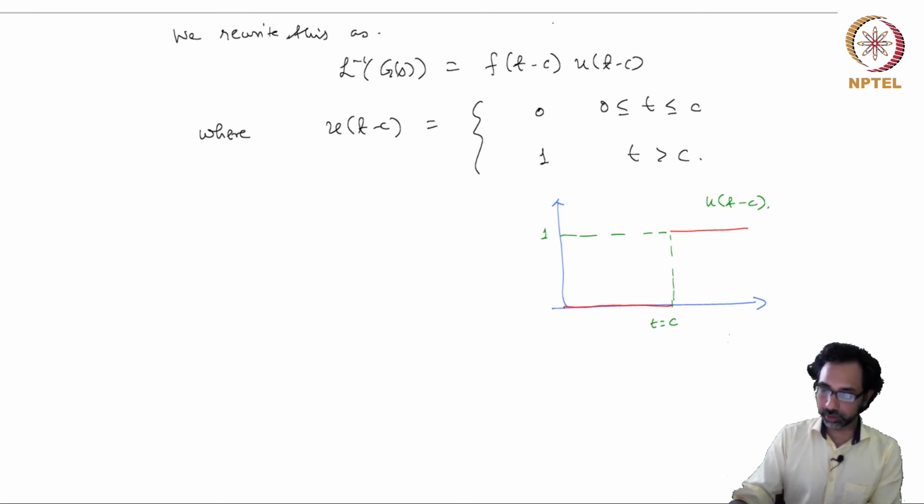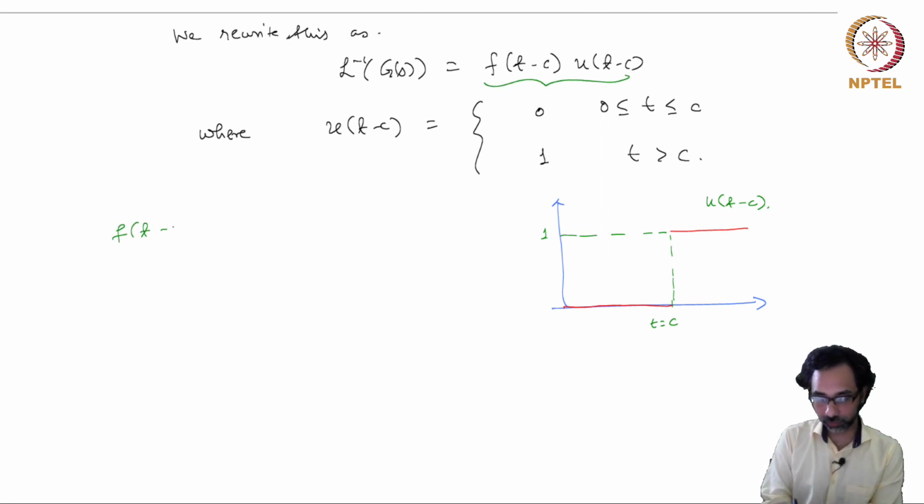So the function f(t minus c) u(t minus c): let's try to compute this.